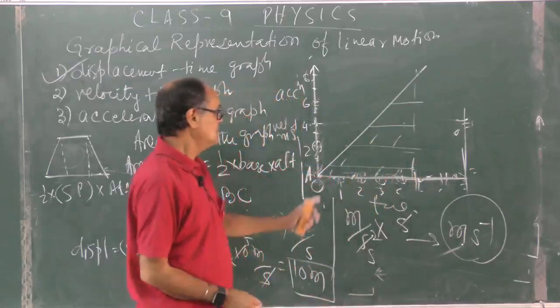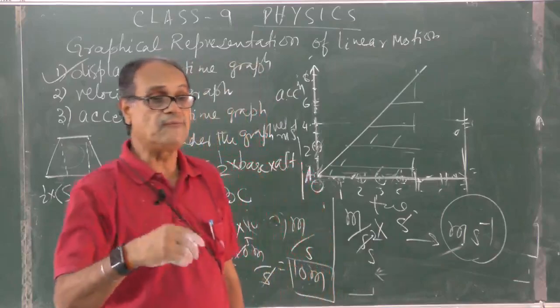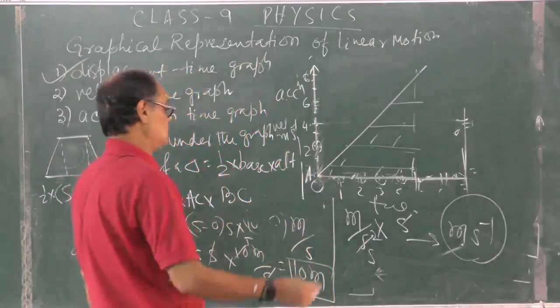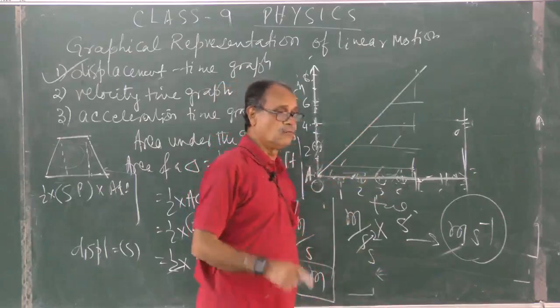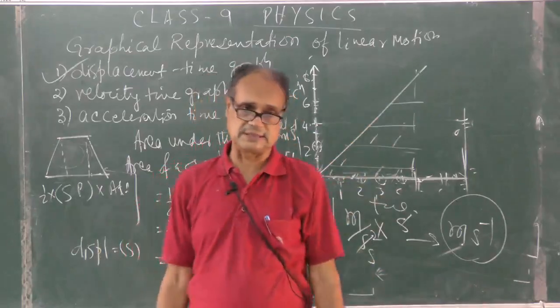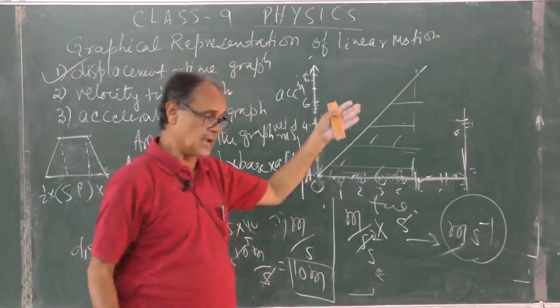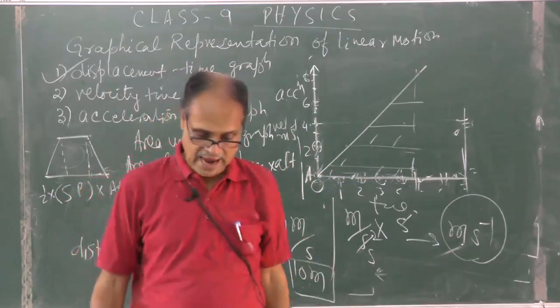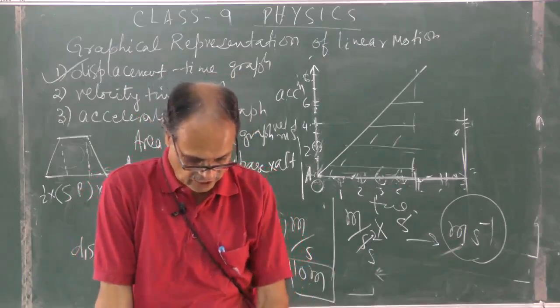That means different areas will be added to find out the different velocities at different times. So this can give you the result for the acceleration time graph as well.